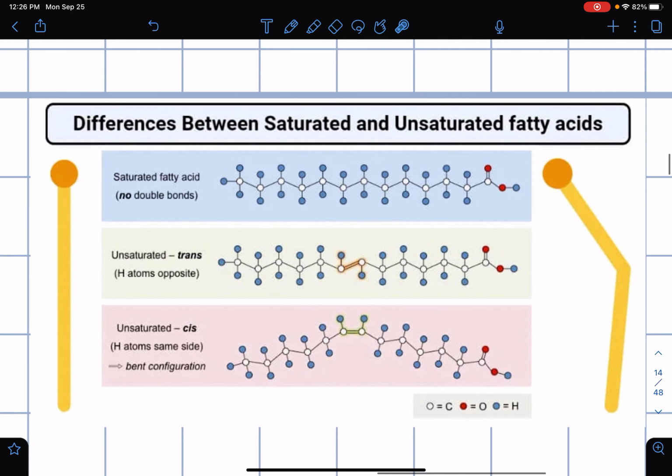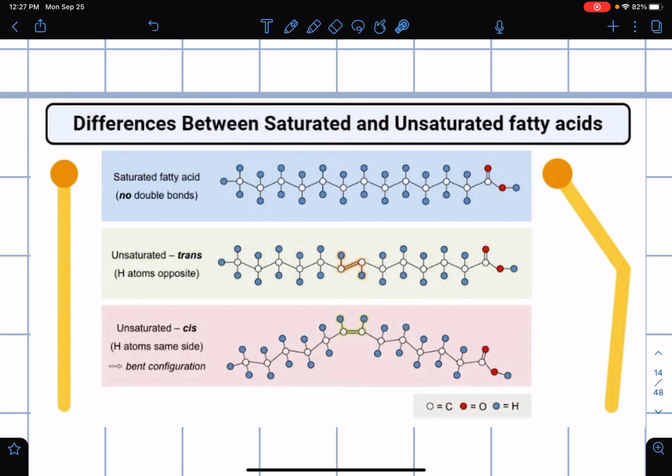So basically, we all know that saturated fatty acids are solid at room temperature. So you can see that the molecular structure is straight. So for unsaturated fats that have cis double bonds, basically oleic acid or olive oil, they are bent.